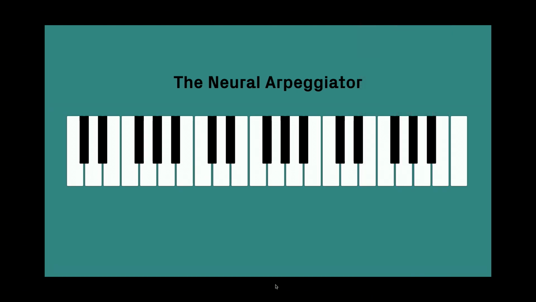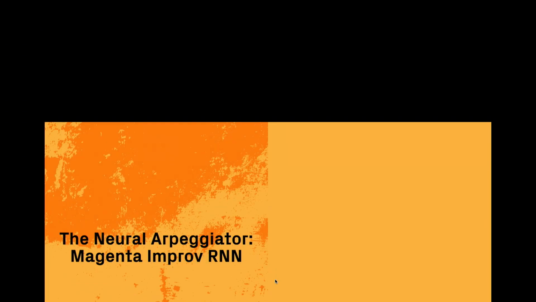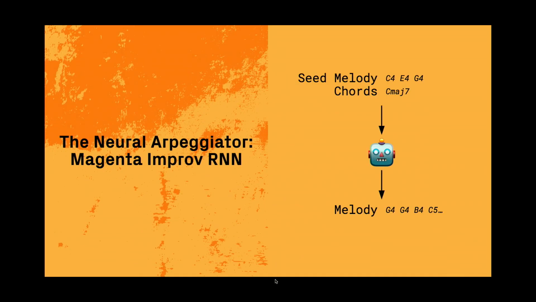That kind of thing. This is powered by a Magenta model called improv-RNN, which is not a simple model at all in terms of how it works internally, but the surface of it, if you actually just want to use it, is quite simple. You can think of it just as a function. It's a function whose purpose is to take the beginning of a melody and then generate a continuation for that melody.